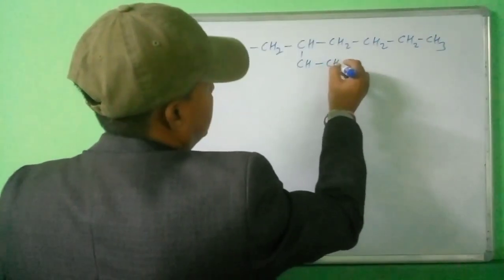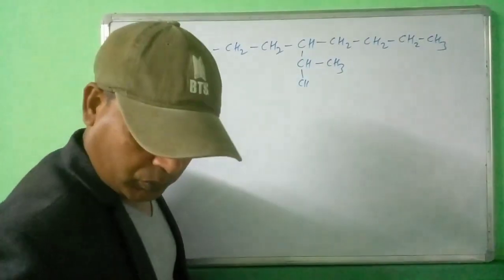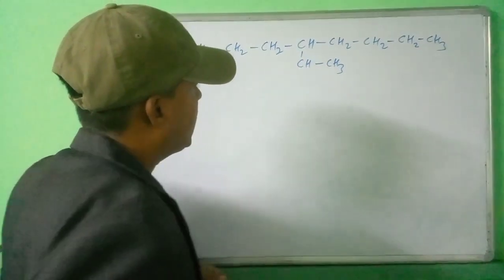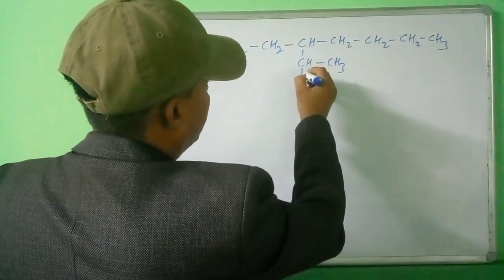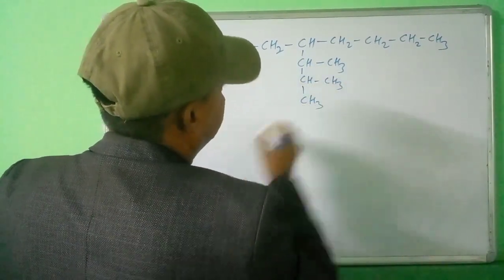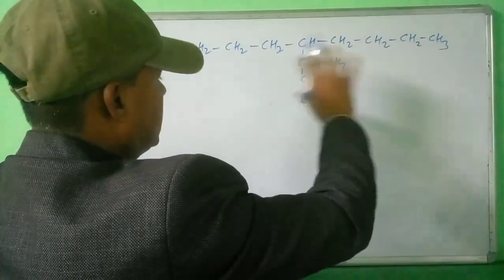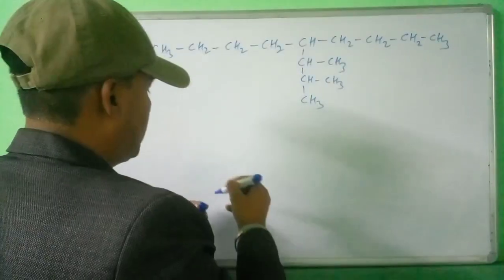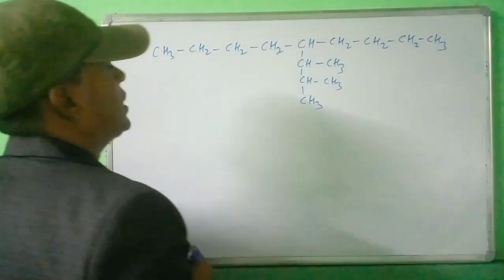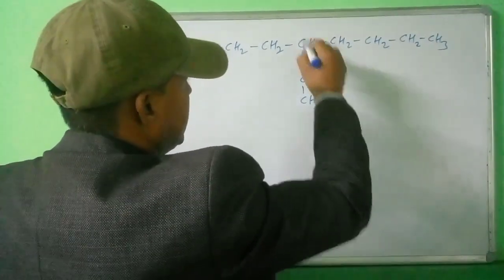Suppose here the branching CH3 again CH, CH3 and CH3. Okay. So for any branching compound, first we have to select the longest chain. So how to select the longest chain? Either straight or bent. Okay, straight also, bent shape also.